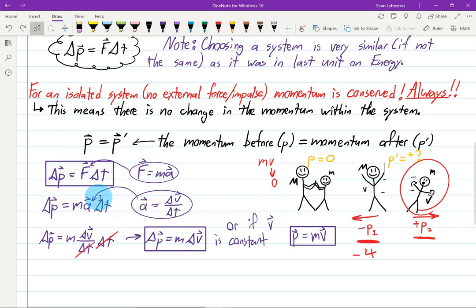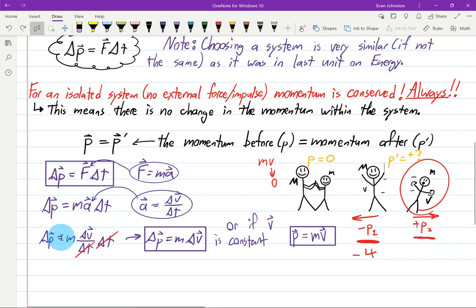Then we could rewrite it as the change in momentum equals m times a times delta t. But acceleration is the change in velocity over the change in time. It's how much you're speeding up or slowing down every second. So we can plug that in for a.